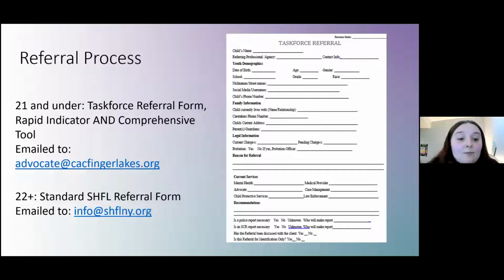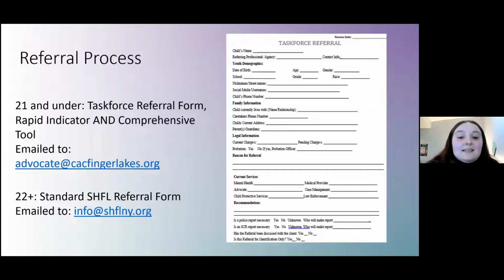The last question on the referral is, is this referral for identification only? It's very important to answer this question. This question basically means, are you looking to identify the youth at risk of trafficking, or are you looking to have services implemented for the youth?